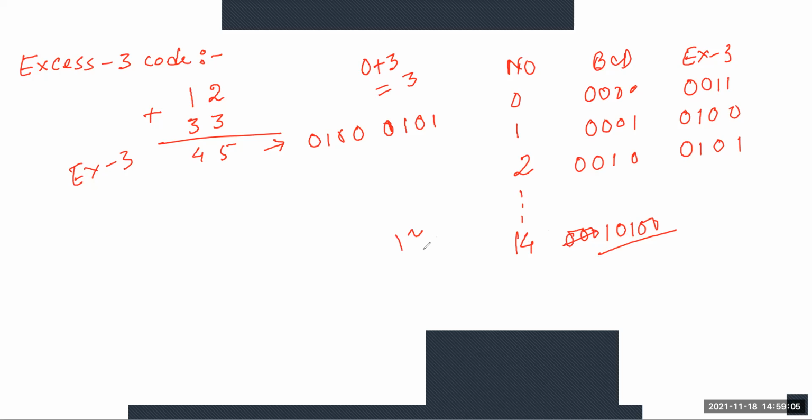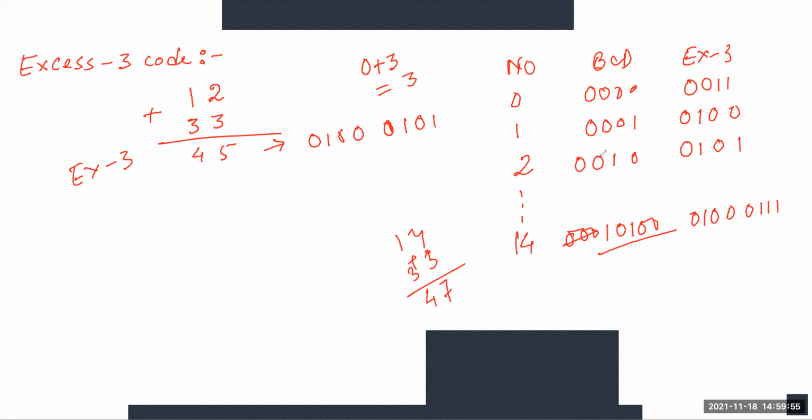The XS3 is 14 plus 3 on each digit: 1 plus 3 is 4, and 4 plus 3 is 7. So 4 is 0100 and 7 is 0111. So this is the XS3 code.